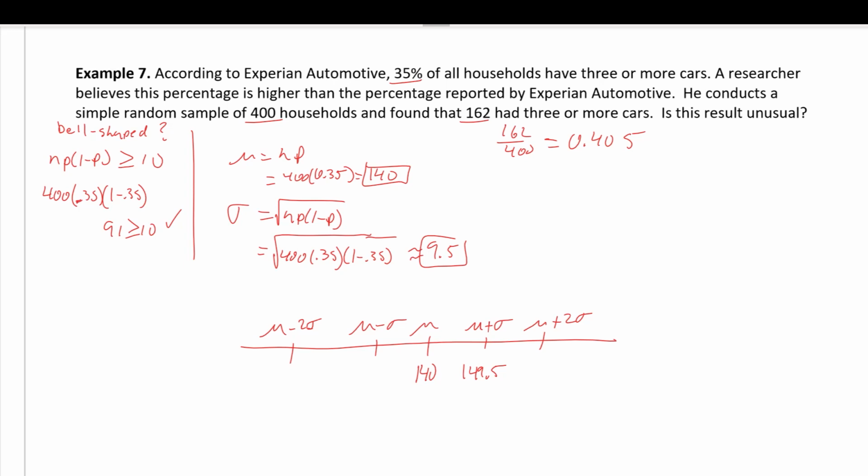Add another 9.5. That's 159. And then just to be complete, let's go this way. We get 130.5, and then subtract off another 9.5, we get 121.